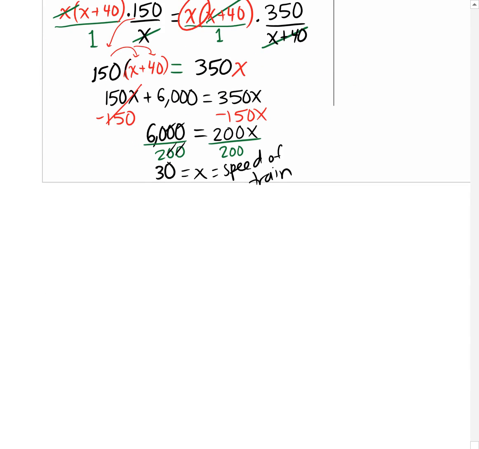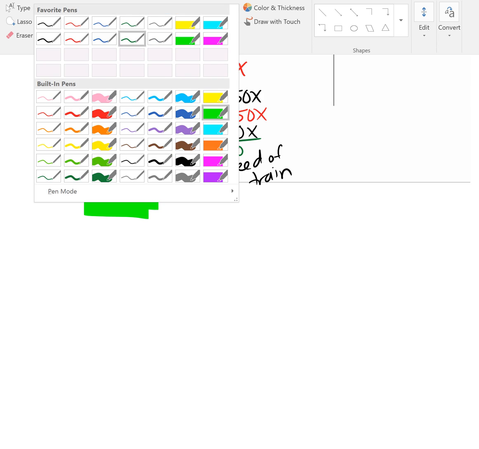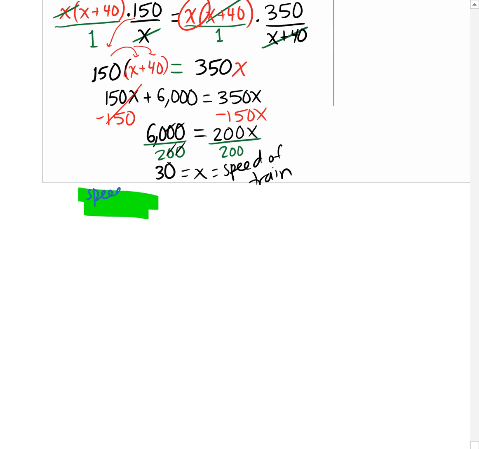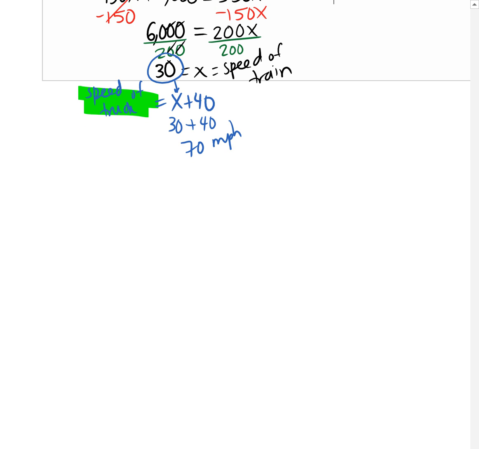So let me see. The speed of the truck was x plus 40. And now that I know x is 30, I can put that there. 30 plus 40 is 70. Aha! So the truck was going at 70 miles an hour, and the train was going 30 miles an hour.